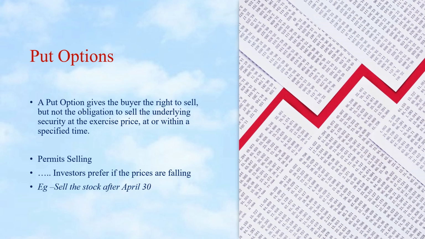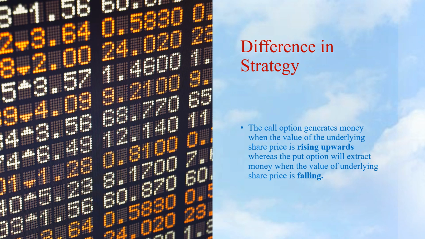So there are two options: the call option and the put option. Call option, the right to buy. Usually if the prices are coming down, you will buy. If the prices are increasing, you will fix the put option price. That is the right to sell. So you have to understand the meaning of the put option and the call option.